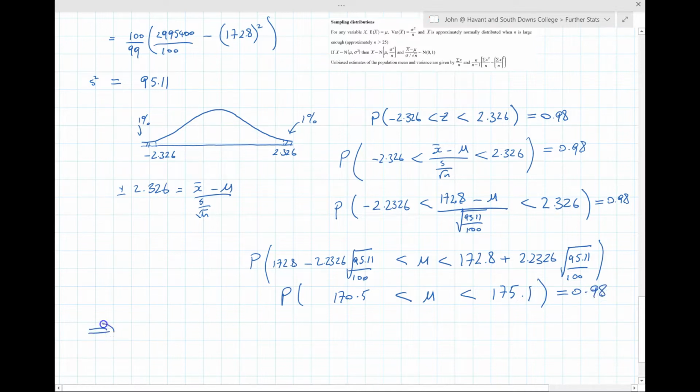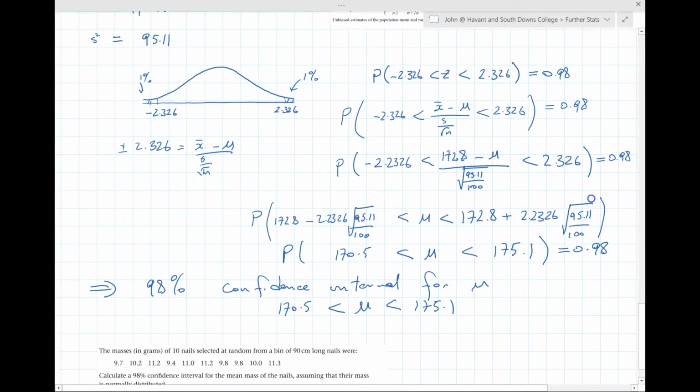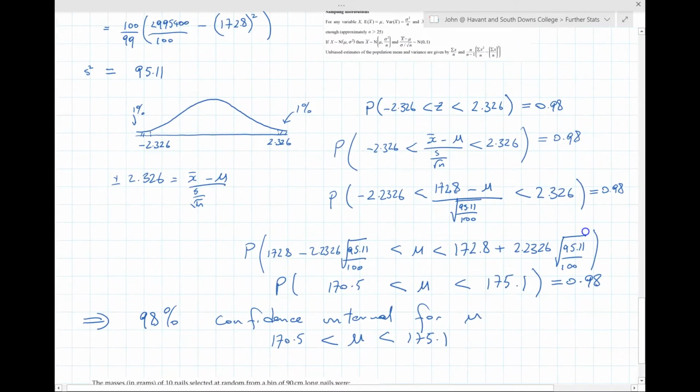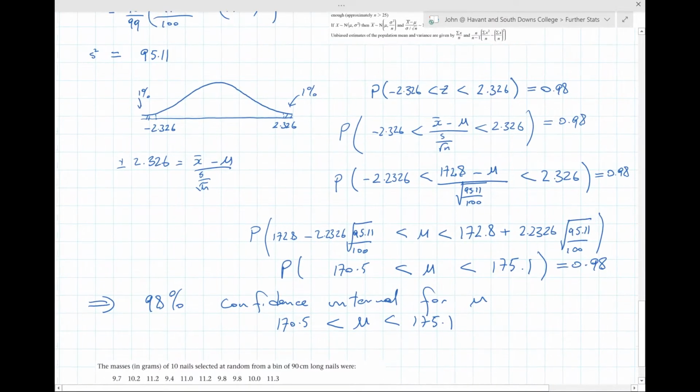So that means that the 98% confidence interval for mu is greater than 170.5 and less than 175.1. Okay, so that is basically it. There's a 2% chance that mu doesn't lie within that interval, but we're 98% confident that it does.